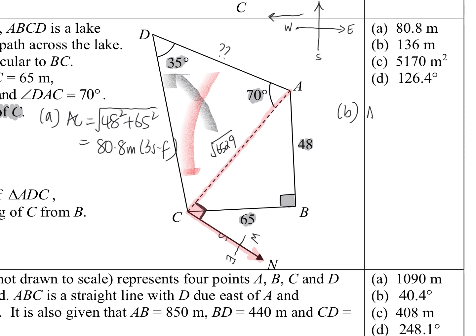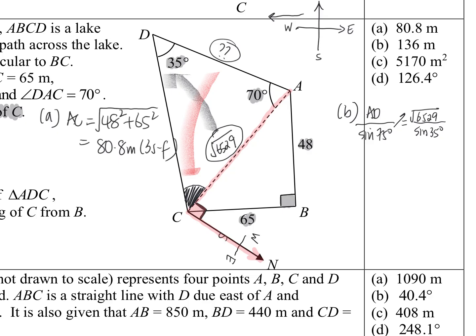I will use AD, this length, over the sine of this angle. Can I find this angle? What is it? So 180 minus 35 minus 70, 75. Okay, the other pair is this one, over sine of the angle opposite it, which is 35 degrees.